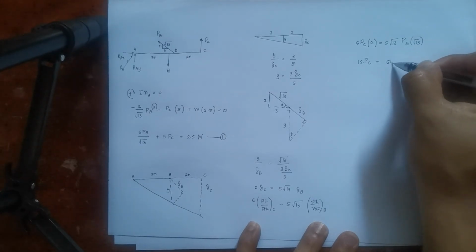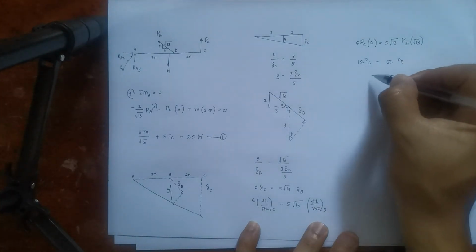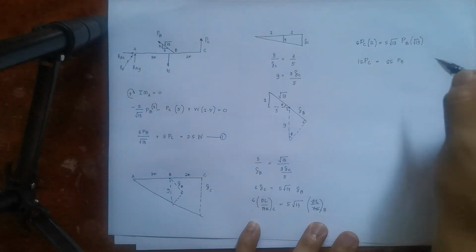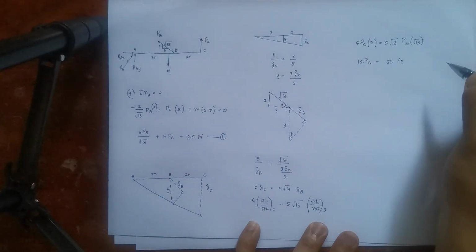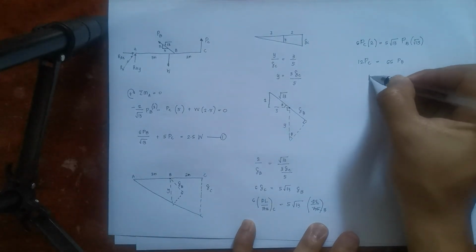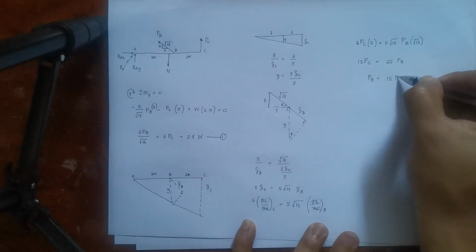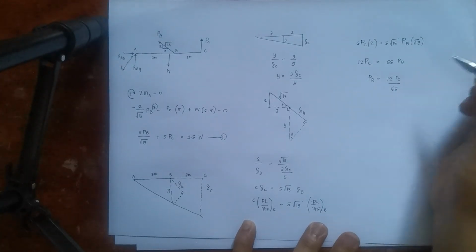Or that is 65 of PB. So, ibig sabihin, we can relate PC with respect to PB, or we can relate PB with respect to PC. Either way, parehas lang po. So, gawin natin PB is equivalent to 12 PC over 65.